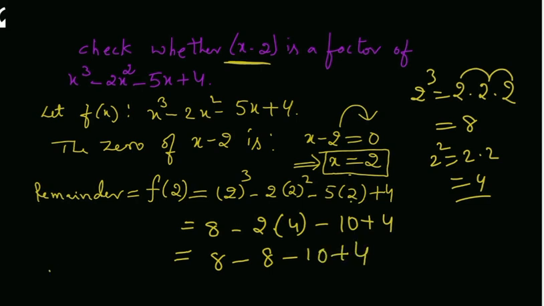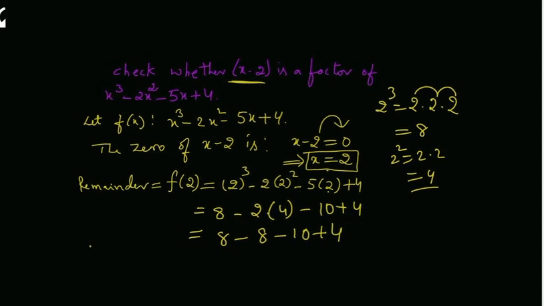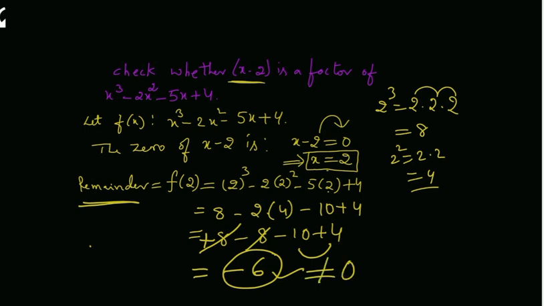So if you observe that here it is plus 8, here it is minus 8, so they will get cancelled. Minus 10 plus 4, so minus symbols are more. By doing this you will get minus 6. Here the remainder is minus 6, which is not equal to 0. Remainder is not equal to 0. Therefore, it is not a factor.